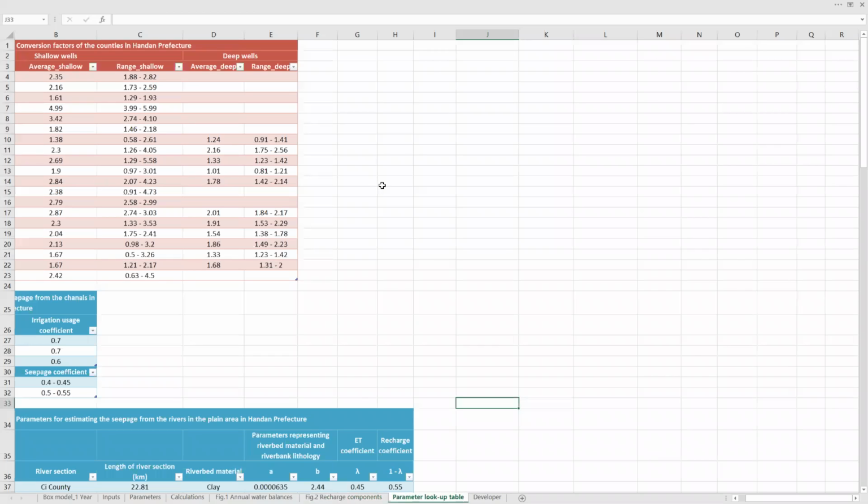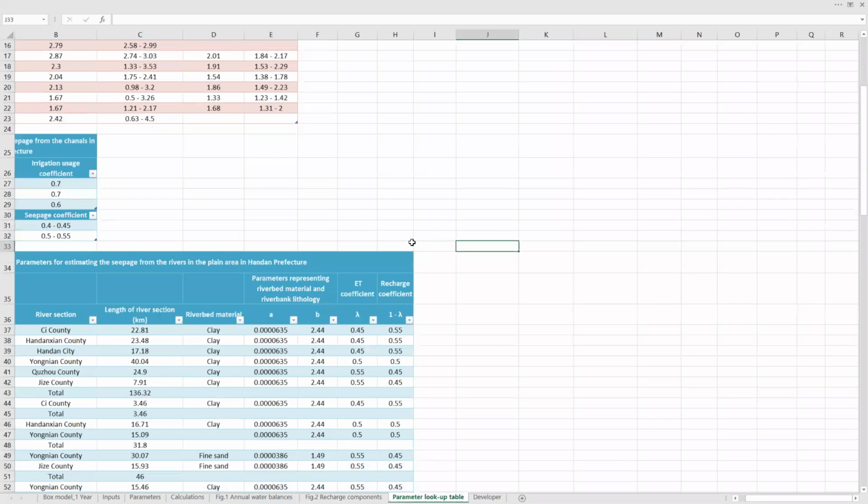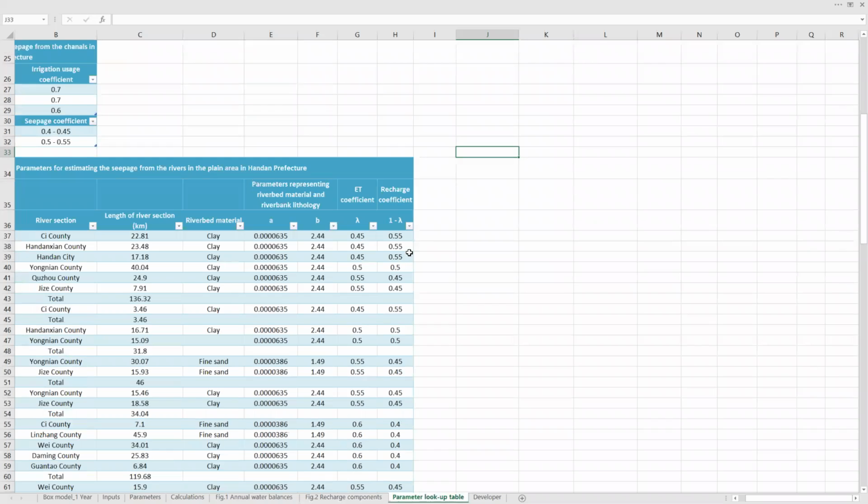There is also a parameter lookup table for the users to select possible parameter values. These values are given by the local water resources assessment report.